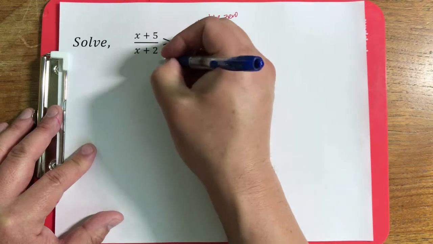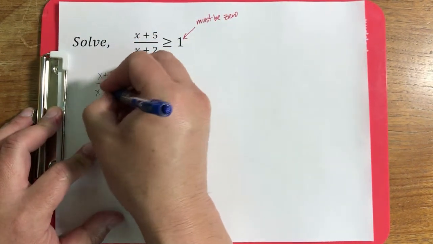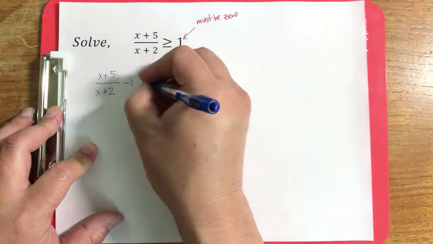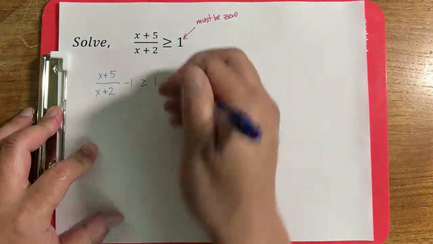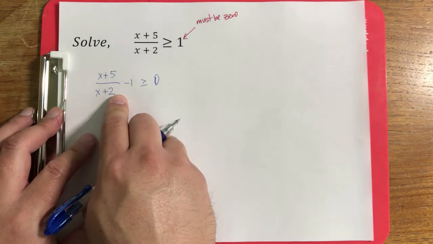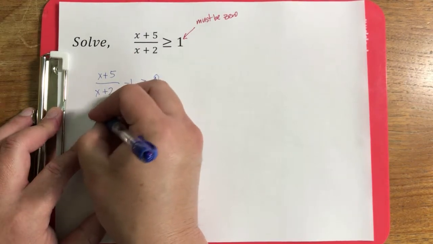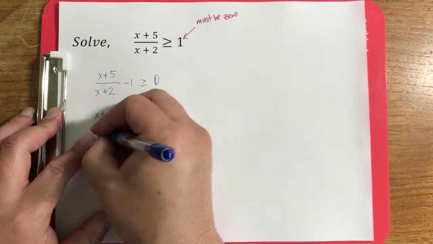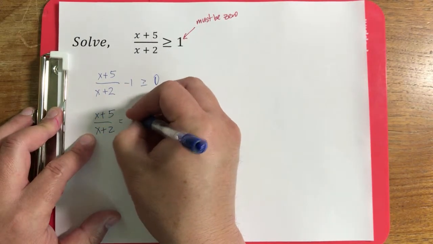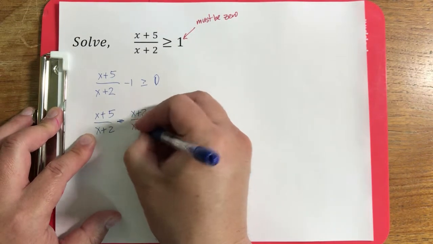So I'm going to subtract 1 from each side. I'm sorry, that's 0 now. I just brought that 1 over here. Now I need to add these two together, so I need a common denominator. So that's a minus.